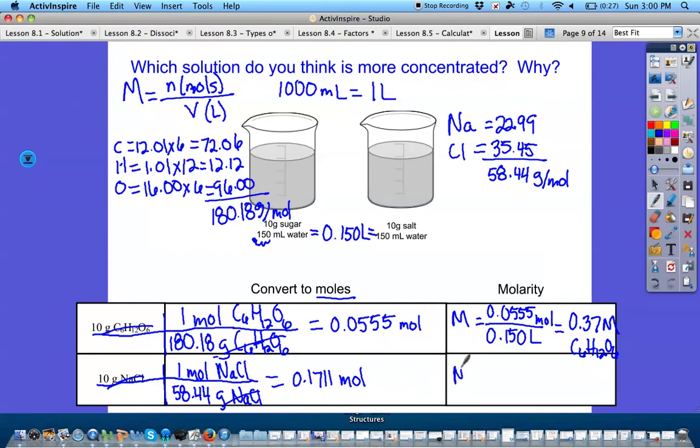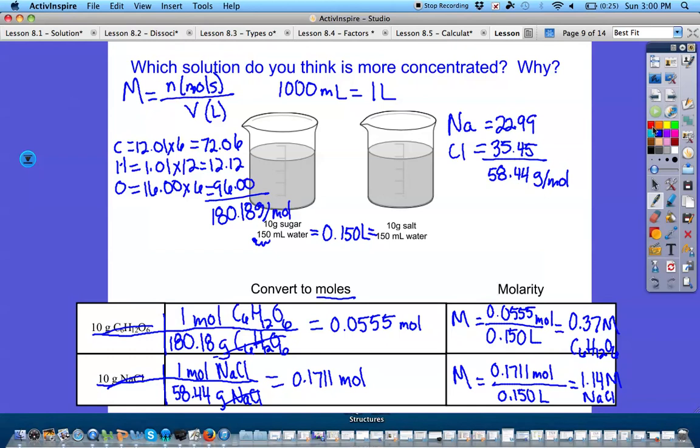So now in our molarity equation, 0.1711 moles divided by 0.150 liters. That is going to give us a molarity of 1.14 molar sodium chloride.